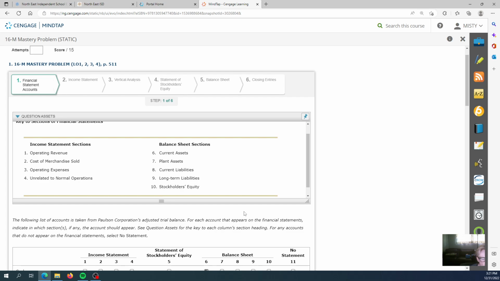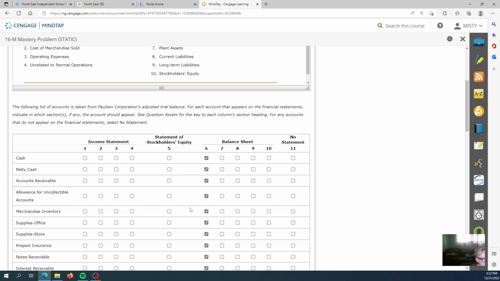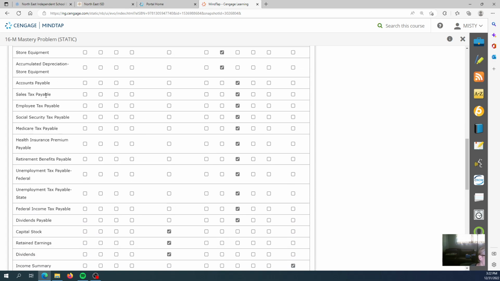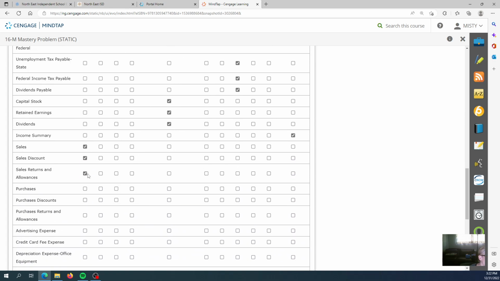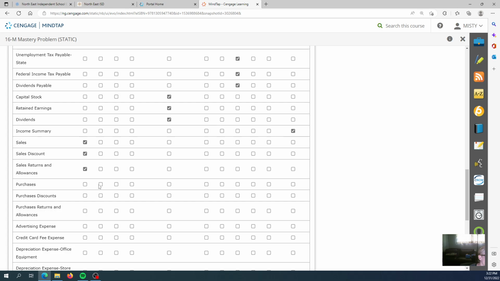Then we have our cost of goods sold category. Cost of goods sold. That's where we have our purchases discounts. Let's see, purchases, returns, and allowances.